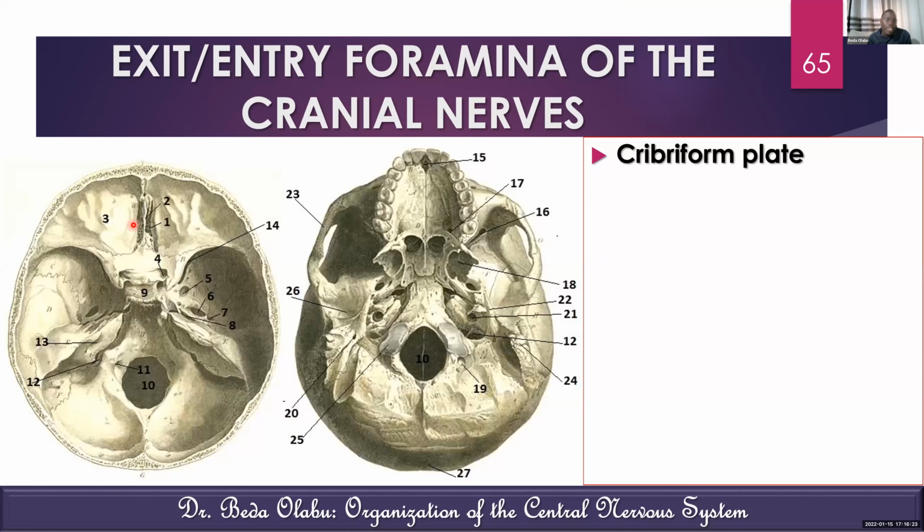The cribriform plate of the ethmoid bone is a perforated bone in the floor of the anterior cranial fossa. And this is the cribriform plate, the one labeled 1. It has multiple tiny perforations for passage of the first cranial nerve. So the holes within the cribriform plate traverse the olfactory nerve.